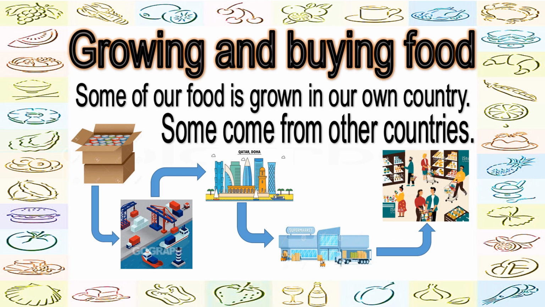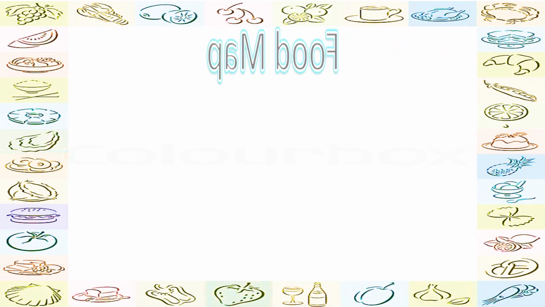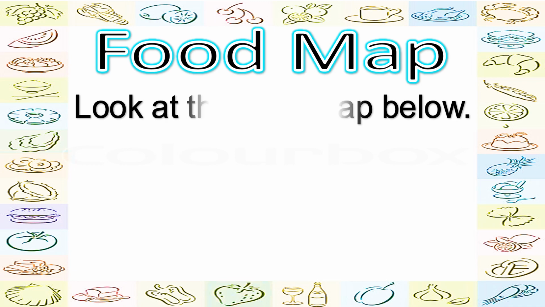See, the process is very, very long, but that's how your food comes. So that's why there is a lot of food that doesn't come from Qatar, but it's here in our supermarket because of this process.